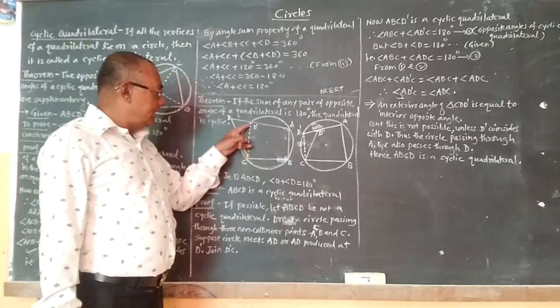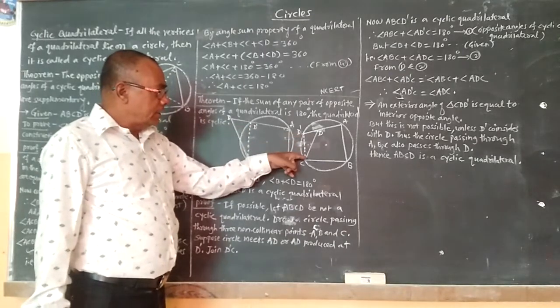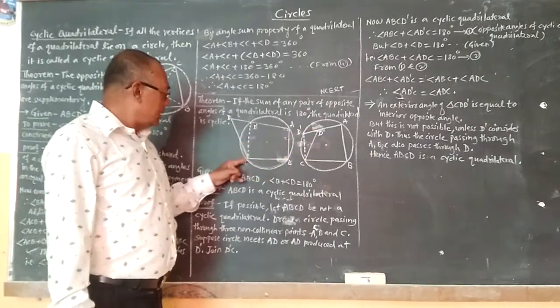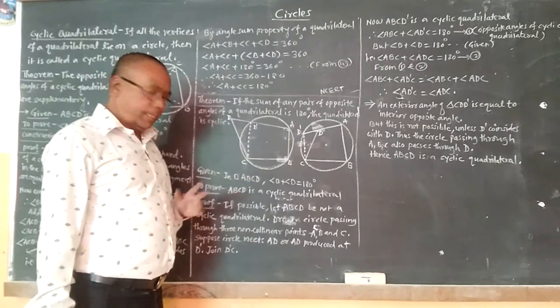Here it is D dash and here is also D dash. Here D is inside the circle, here D is outside the circle.